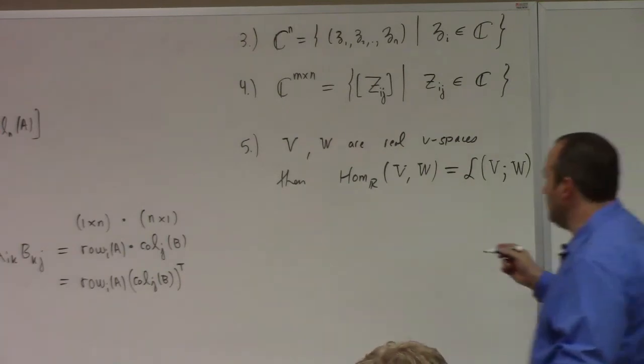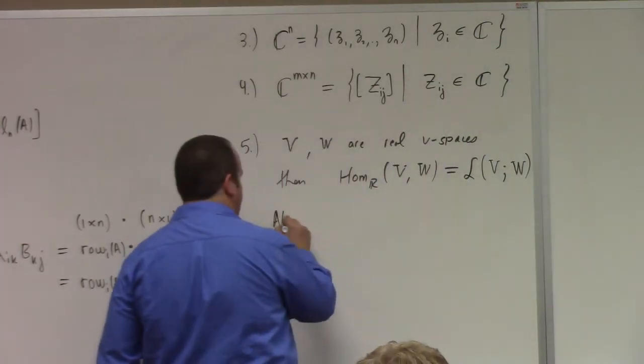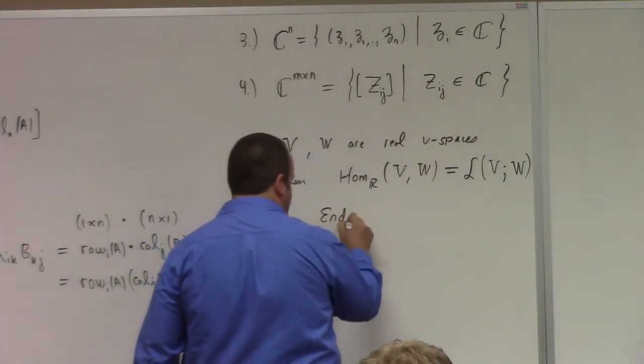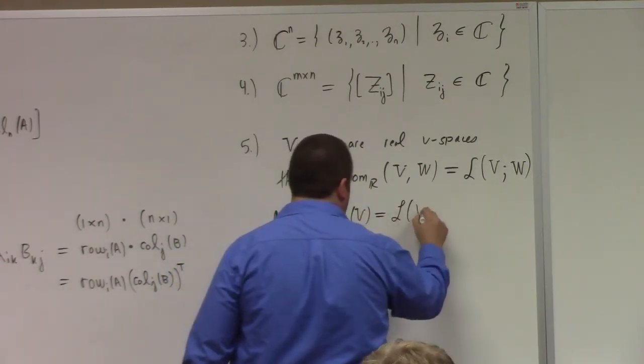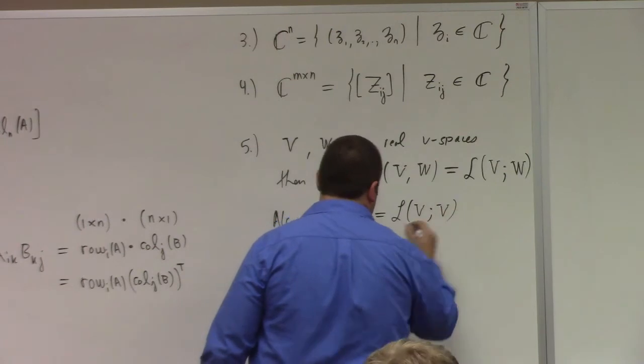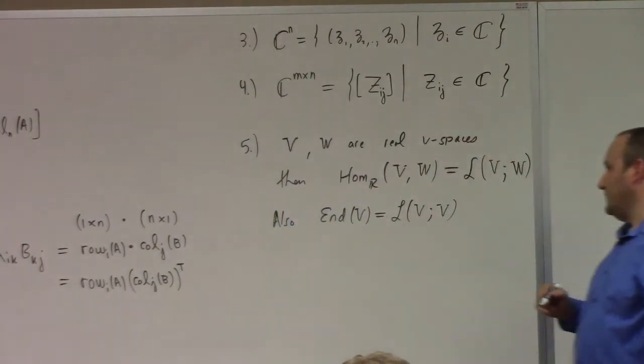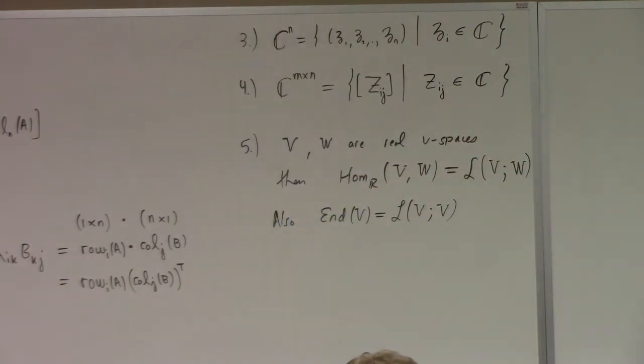If we also talk about the endomorphisms of V, so that would be the linear transformations from V to V, right? That's another example of a vector space, but that's actually also what's called an algebra, because we can also take two such transformations and compose them and get yet another transformation.